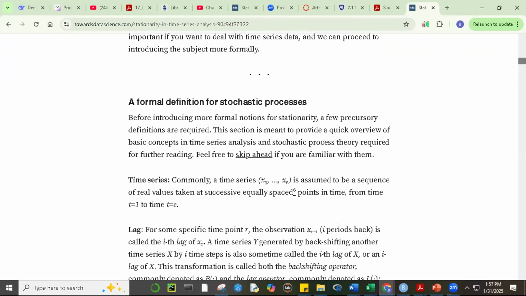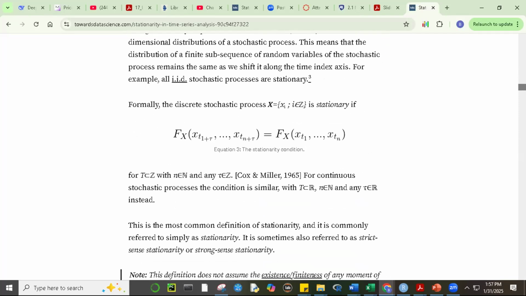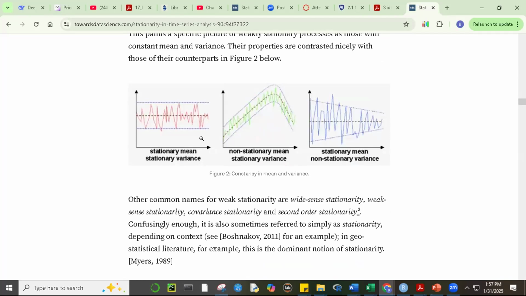If you take a look at this, here you have constant mean, constant variance: stationary mean, stationary variance. Here the mean is not constant, but the variance is constant.